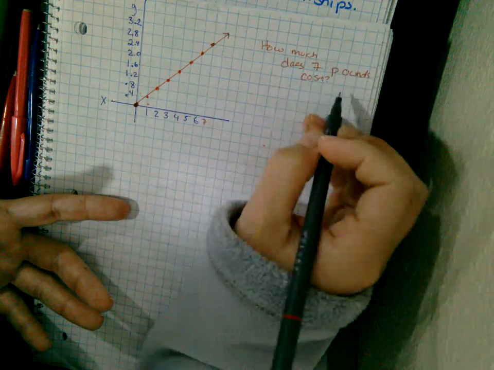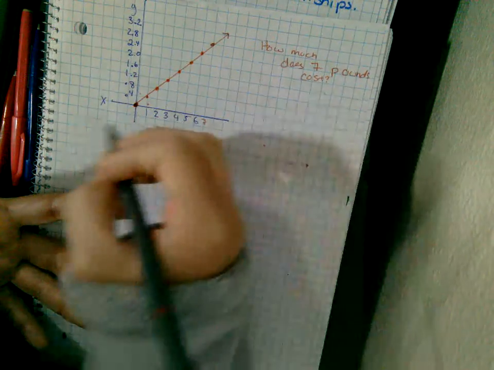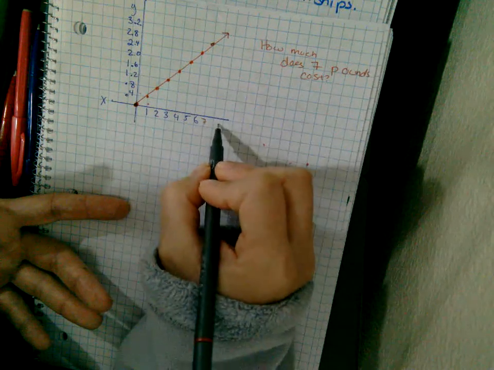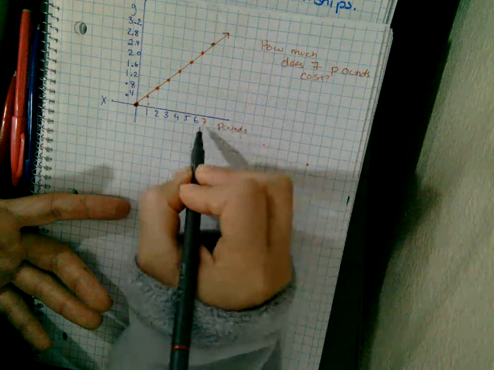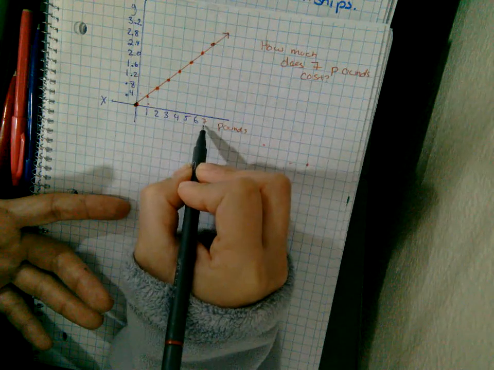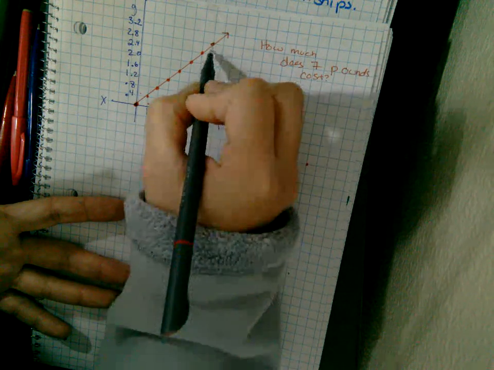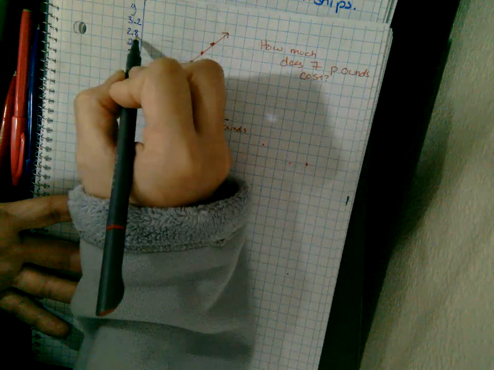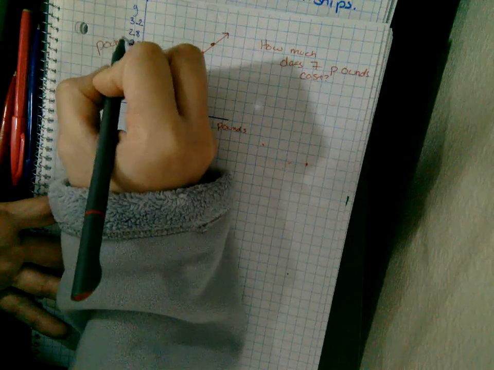And you're like, oh, 7 pounds. Oh, it's not on my table. Let me look at my graph. Okay, here is pounds, right? X represents pounds. Okay, so 7, go up to 7, then I go over, 2.8, because this represents pounds.